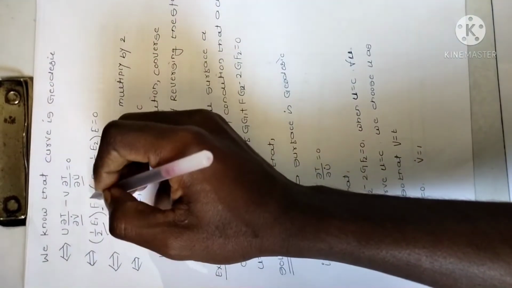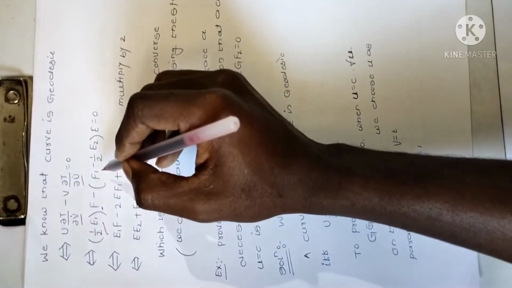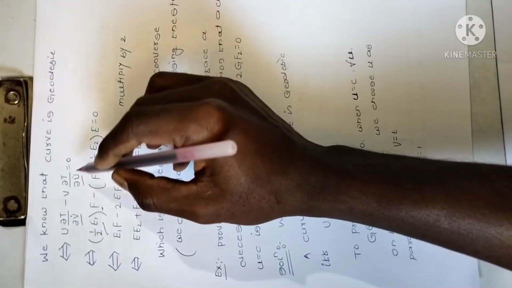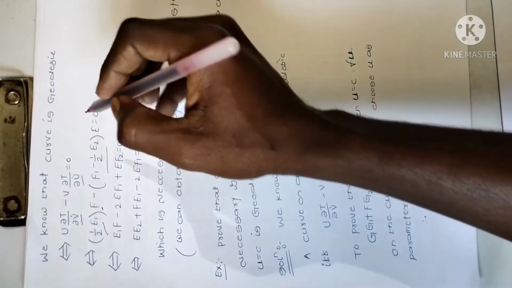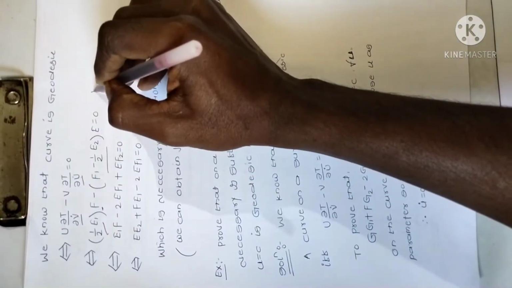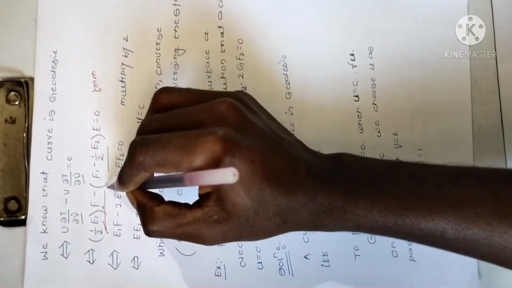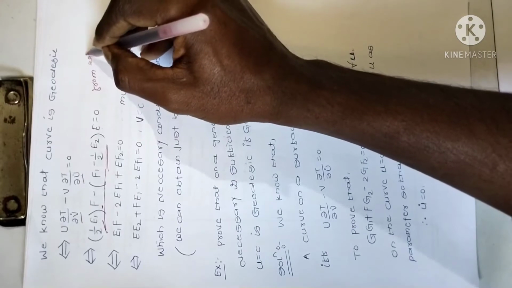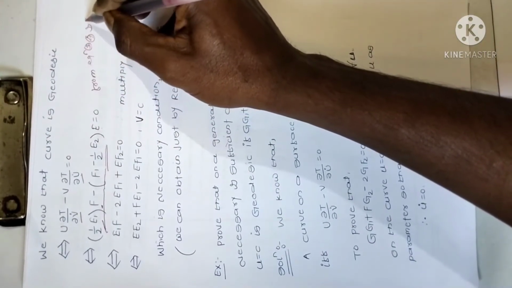So minus the value of capital V, which is F1 minus half of E2 from equation 5, and the value of del T by del u dot is capital E from equation 3. So in this step, from equations 3, 4 and 5.